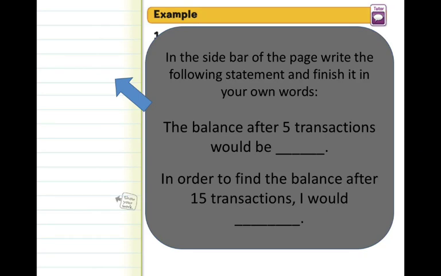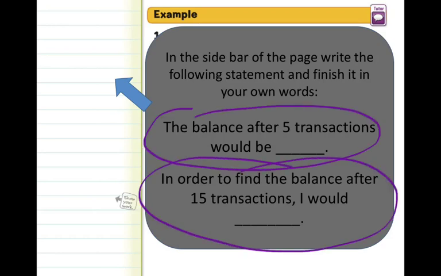Okay, so what I want you to do now is in that sidebar, you're going to figure out what would the balance be after 5 transactions. And what would the balance be after 15 transactions? You do it however you want to do it. Give me your answer, write down the statement. So make sure you're writing the whole statement down with your answer. And right here, in order to find the balance after 15 transactions, I would blank.